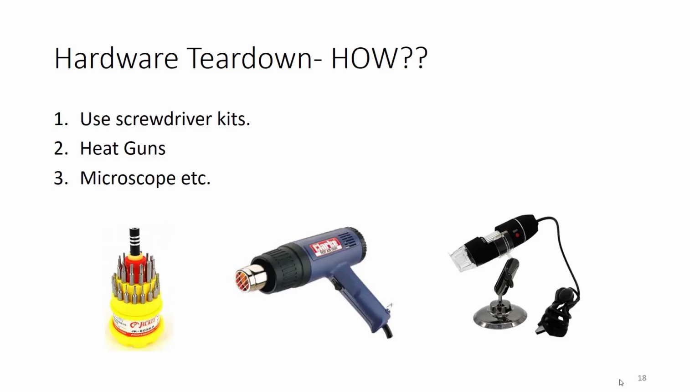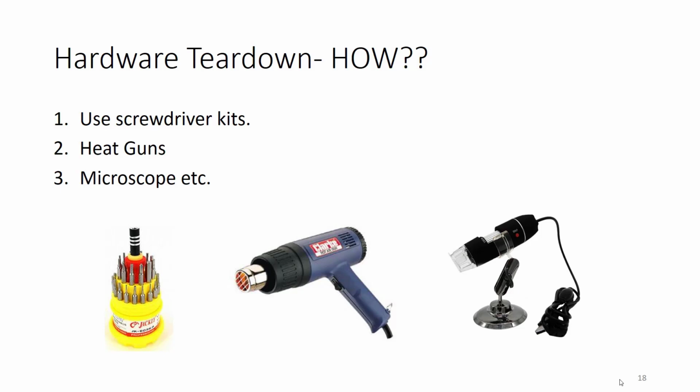Next part is hardware teardown. To break open the device, we need a few instruments which are common in electronics, like screwdrivers, which are very essential. Sometimes we also need heat guns if it is stuck with glue or anything else.